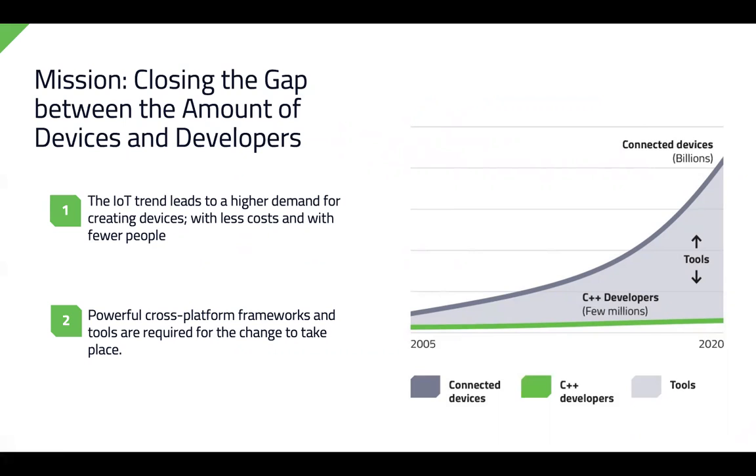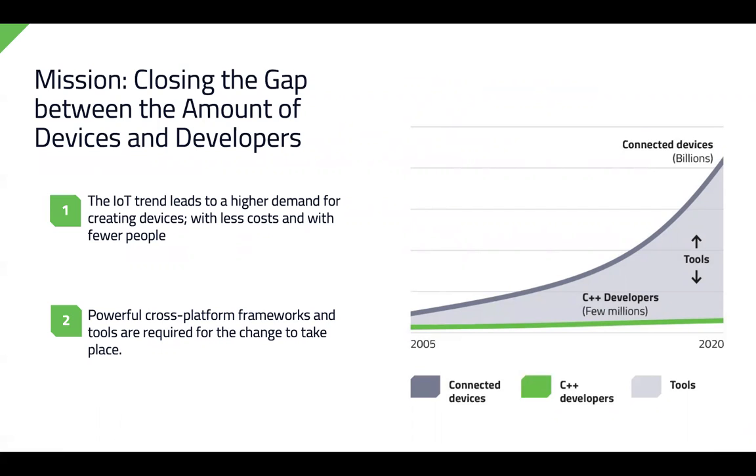At the same time, the amount of developers that are available to create those tools and devices is growing relatively slowly, and that means that there's an increasing gap between the amount of software that needs to get written and the amount of developers that are available to do the work.